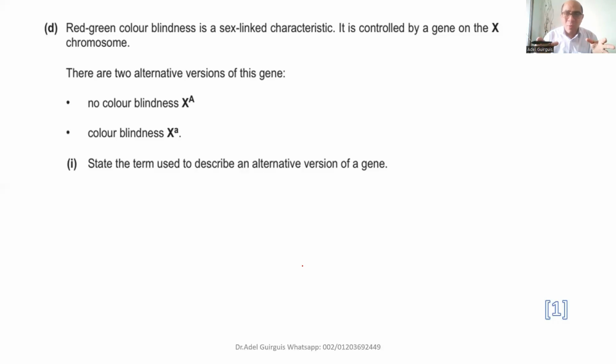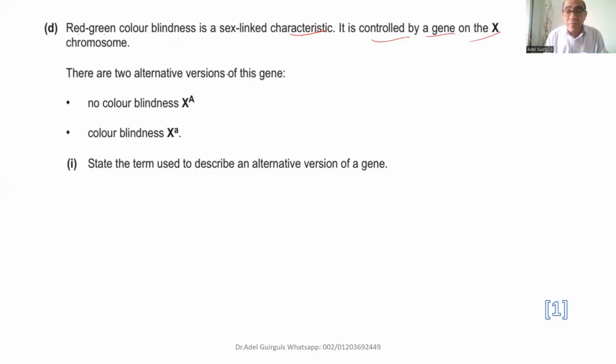Here, according to our syllabus, all cases of sex-linked traits are controlled by a gene on the X chromosome.